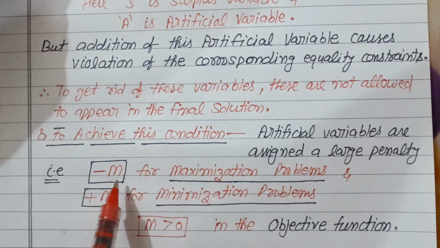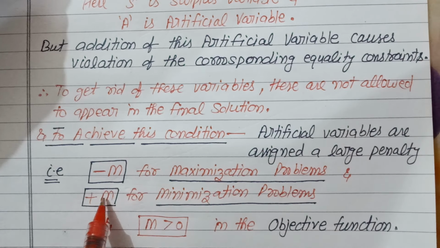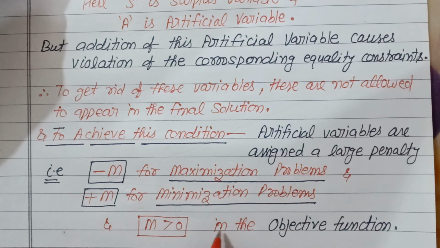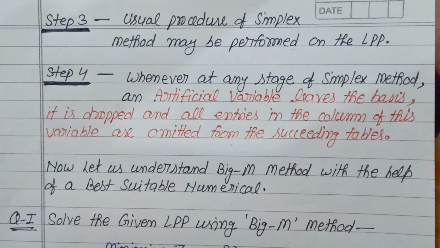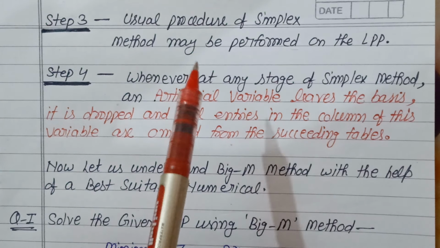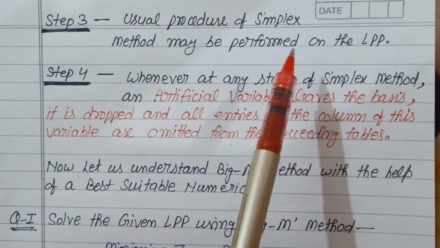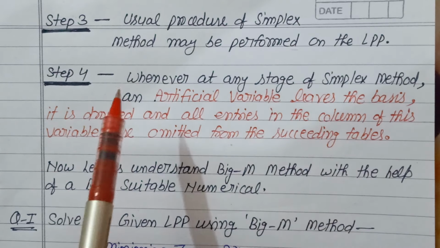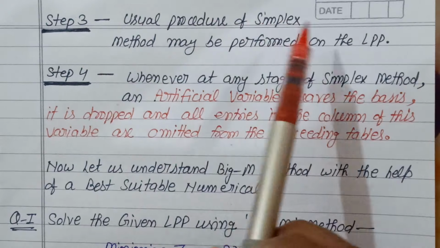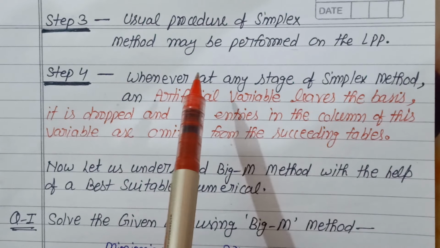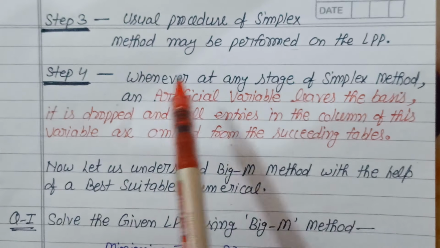Please remember that this value is very large and it is always greater than 0. Then after converting the general linear programming problem to standard form, we have to follow the simplex method as performed in the previous numericals.